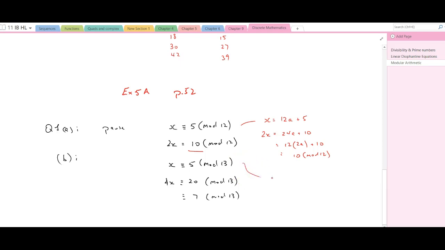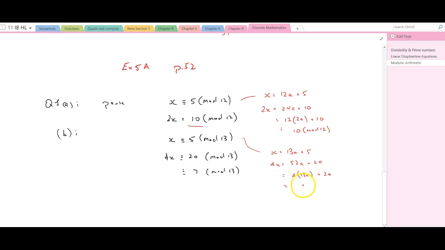If we take x as equal to 13 by some integer plus 5, then 4x is going to equal 52 by that integer plus 20, which is 4 by 13a plus 20, which is equal to 20 in, oh sorry, I did that the wrong way around. We're in mod 13 here, so that should have been written as 13 by 4a plus 20, so it's equal to 20 in mod 13.